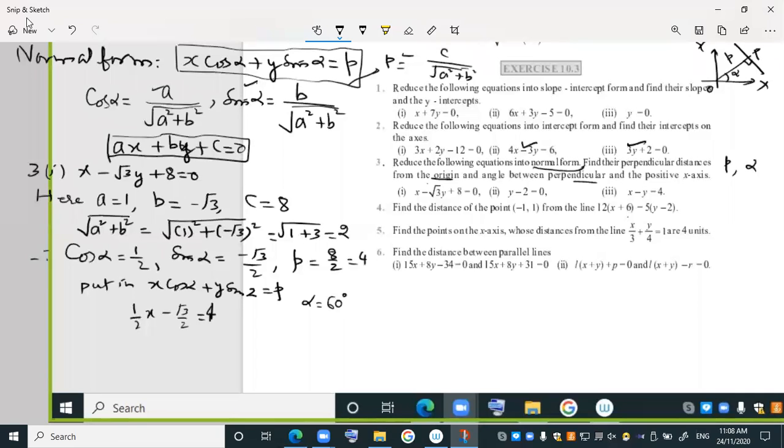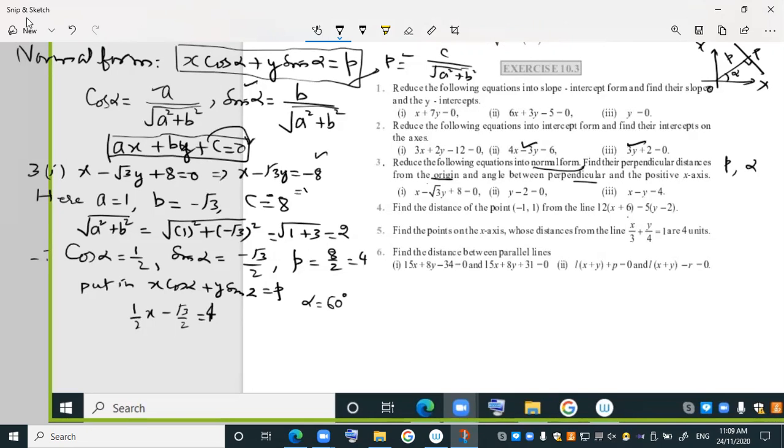Okay. One thing, just remember this change here. This C should be on this side. This side value will be C. So that's why this can be written as x minus root 3y is equal to minus 8. So in this case, C will be equal to minus 8. But the right hand side should be positive because this is the distance.